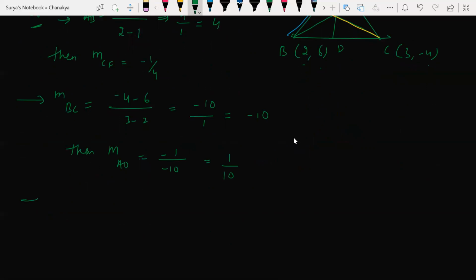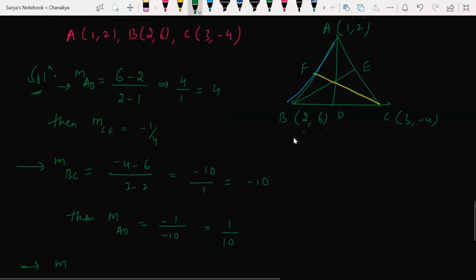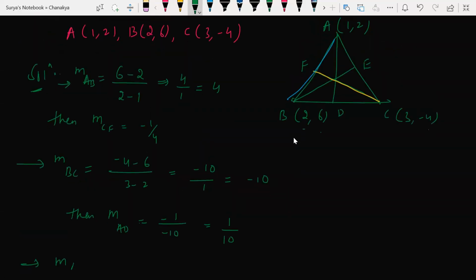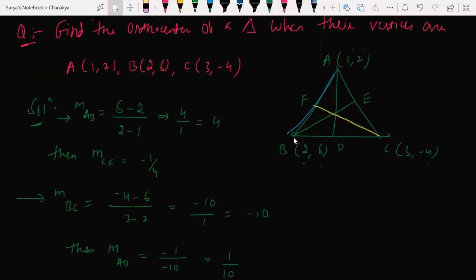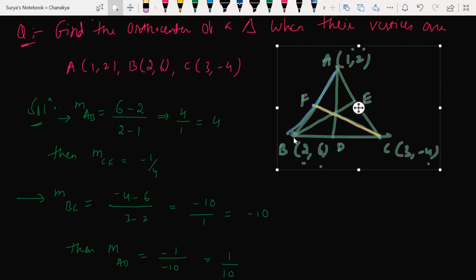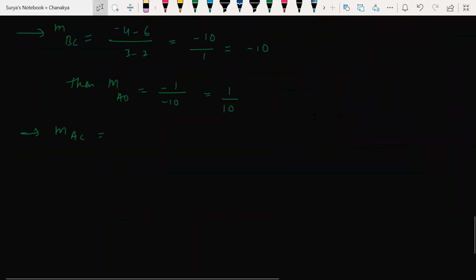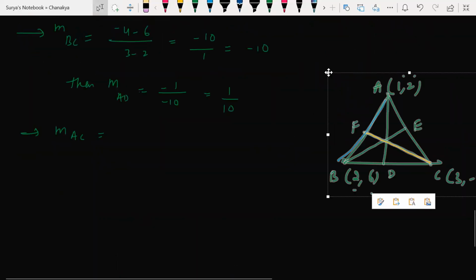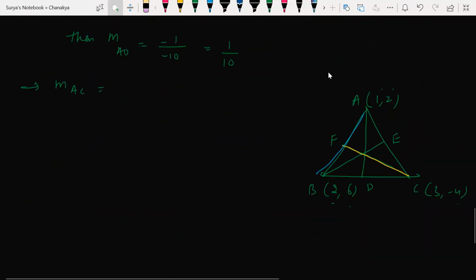Slope of AD. Next, slope of AC. Let's find out slope of AC. Let me just pull this diagram somewhat down. Or else let's copy this and paste it here so that you will understand it without any disturbance. Look at it.